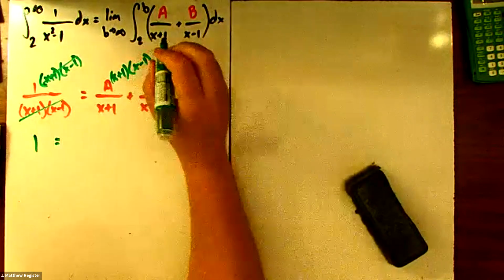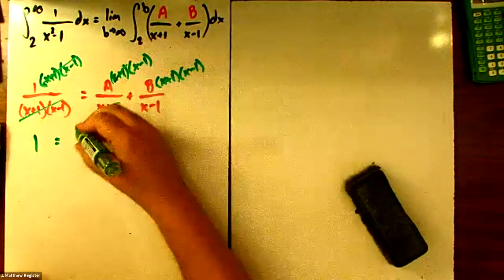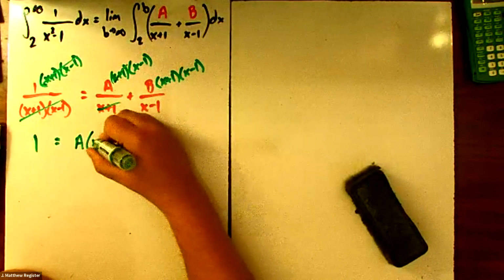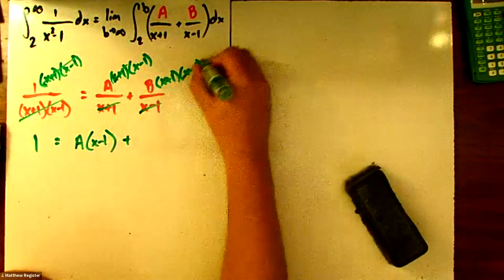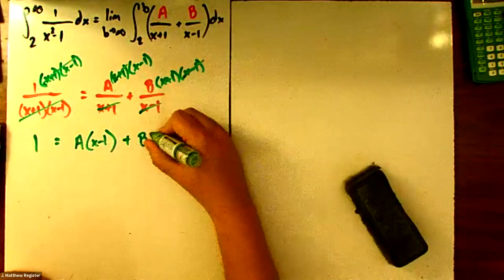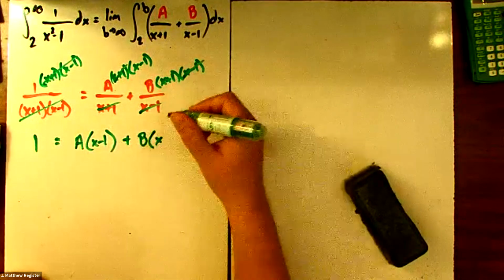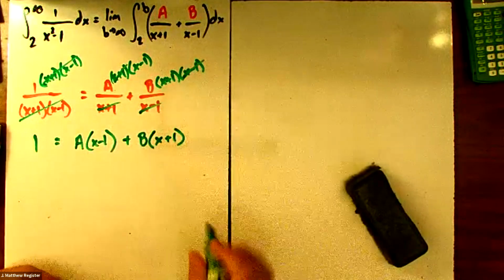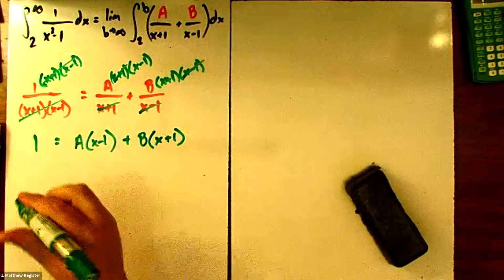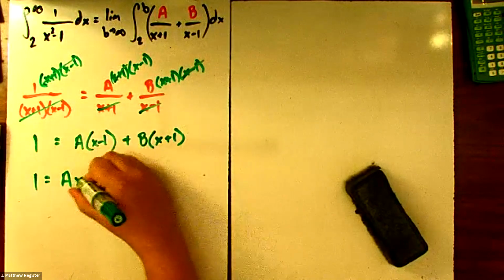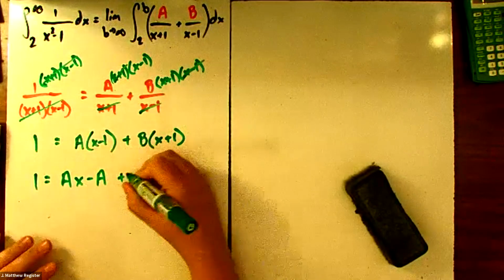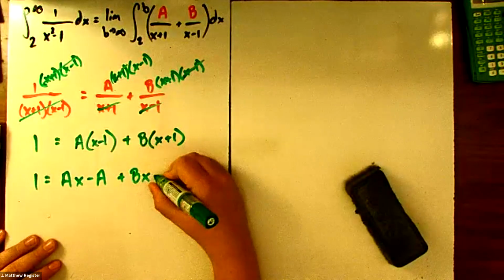For the next one, the x plus 1 cancels, leaving A times x minus 1. For the next one, the x minus 1 cancels, leaving a B times x plus 1. Distributing, that gives us 1 equals Ax minus A plus Bx plus B.